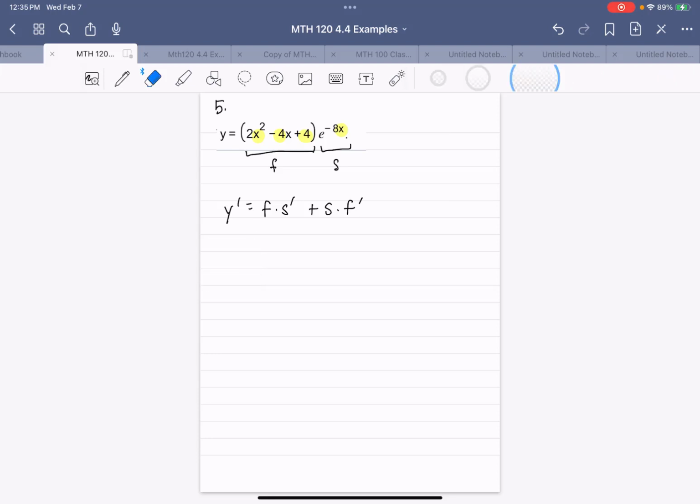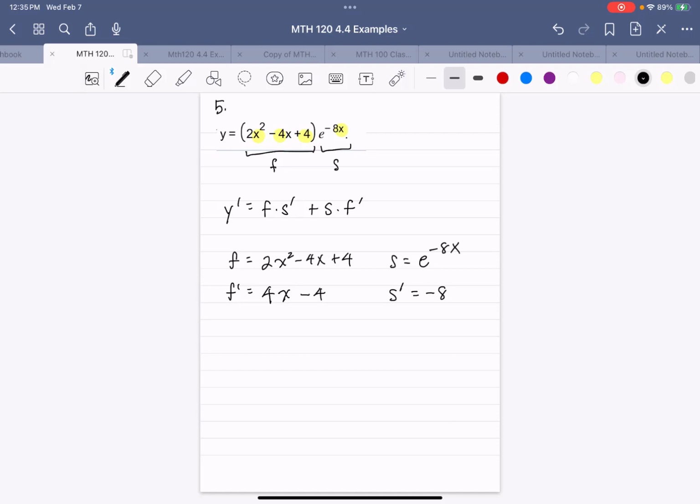So I'm going to go ahead and declare my first function is the polynomial 2x squared minus 4x plus 4. The derivative of that is 4x minus 4. My second function is e to the negative 8x. So the derivative of the second function is negative 8 e to the negative 8x. That's the function e to the negative 8x times the derivative of the exponent, negative 8, which I put in the front.